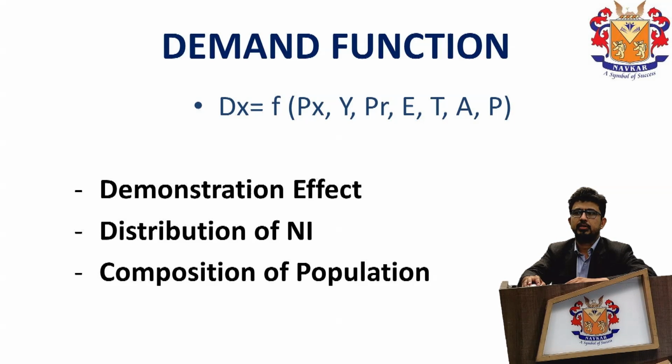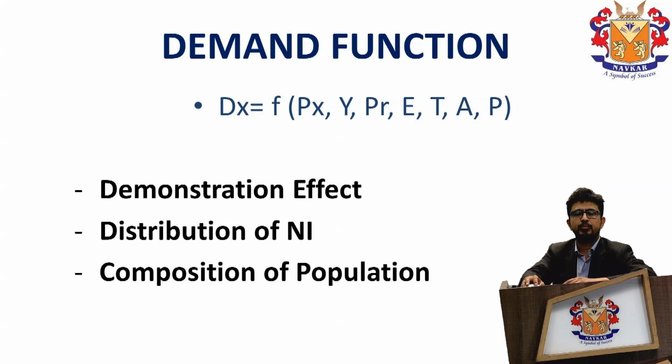In this equation, Dx stands for demand for good X, f shows the functional relationship, Px stands for price of good X, Y stands for the consumer's income, PR stands for price of related goods, E stands for expectations about future price and income, T stands for tastes, preferences and fashion, A stands for the advertisement expenditure, and finally the capital P stands for the size of population.